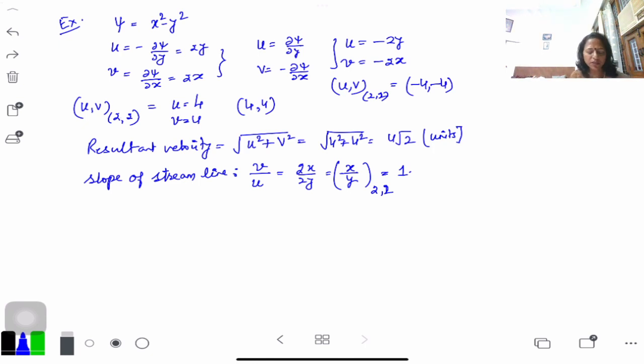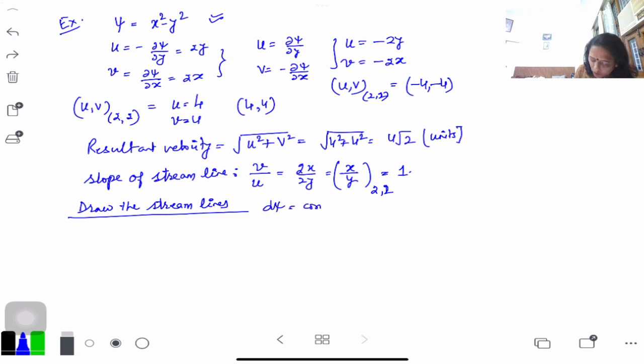You can find the slope of streamline from here, because in the equation of streamline you were having v and u, right? And if you are asked to draw the streamlines from this example, then we know that d psi is equal to constant along a streamline.